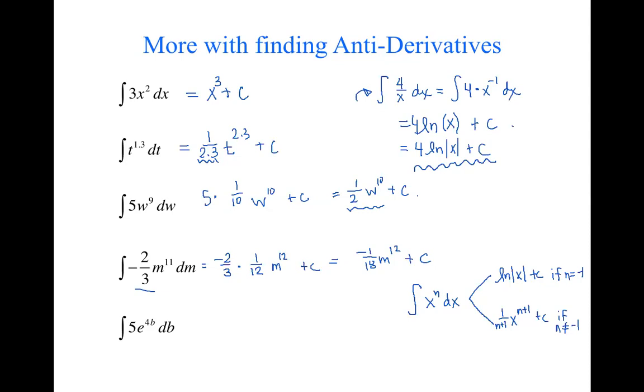So think about going backwards. This must also be fairly similar to its own derivative. But if I want to take a derivative of this and have it end up looking like that, if I took a derivative of this, it'd be a times 4.